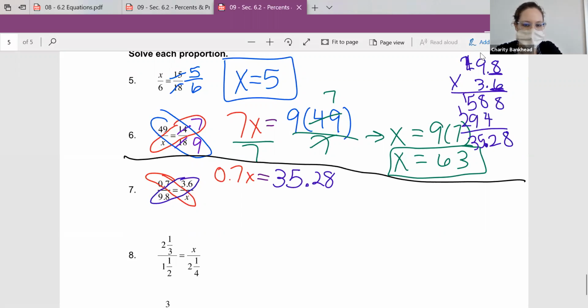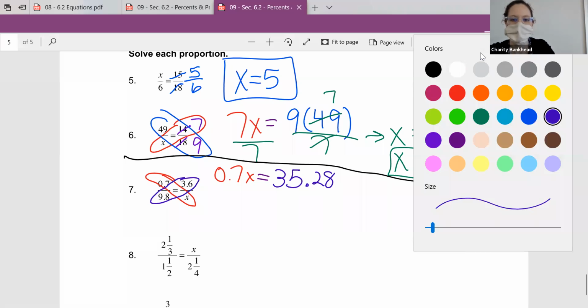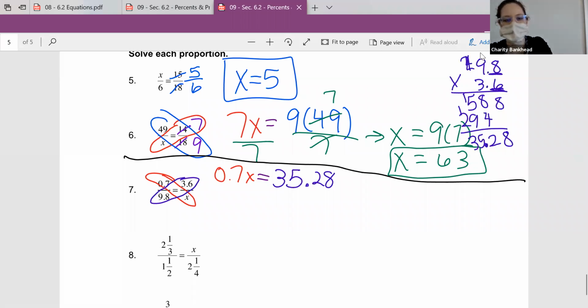And then I will divide by 0.7. All right. So whenever you divide by a decimal, what you're supposed to officially do is move the decimal point however many times you need to, so that the number you're dividing by turns into a whole number.